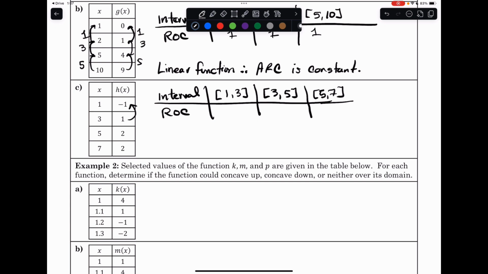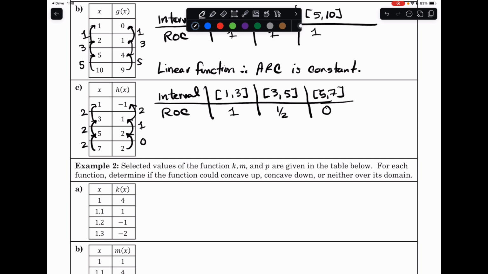So let's see, this is a difference of 2, this is a difference of 2, 2 over 2 is 1. This is a difference of 1, this is a difference of 2, so that's 1/2. This is a difference of 0, and this is a difference of 2, 0 divided by 2, that's equal to 0.